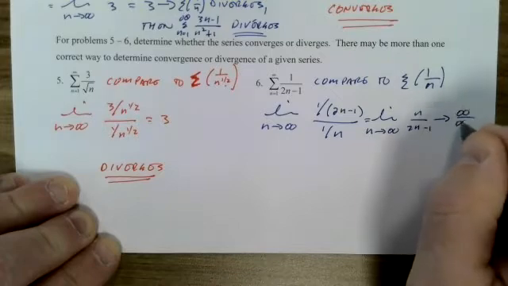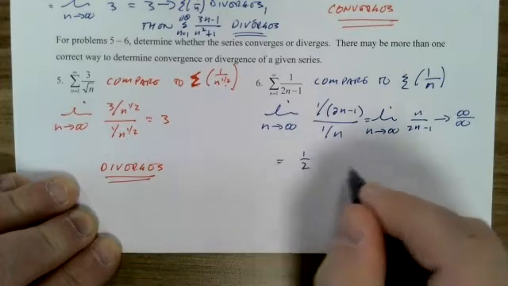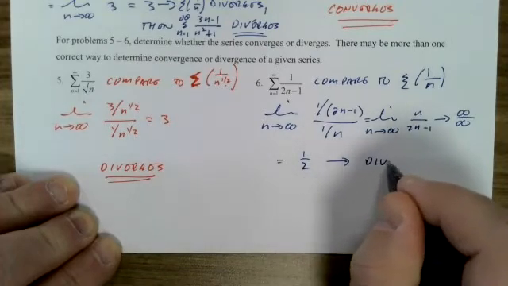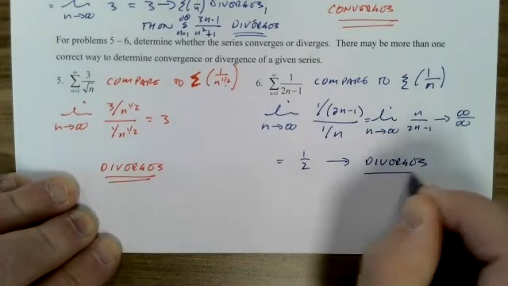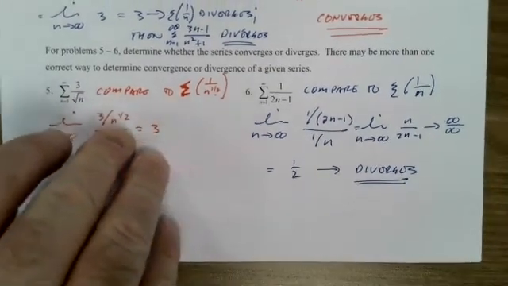That's infinity over infinity, so we do that whole derivative thing, and we get 1/2, therefore it diverges. About as close to doing proofs in calculus as I ever hope to get.